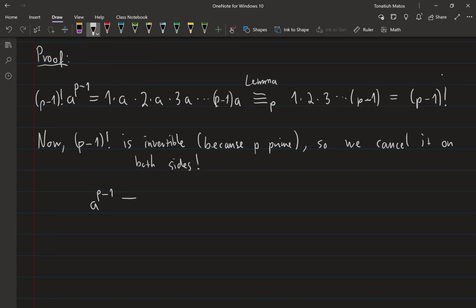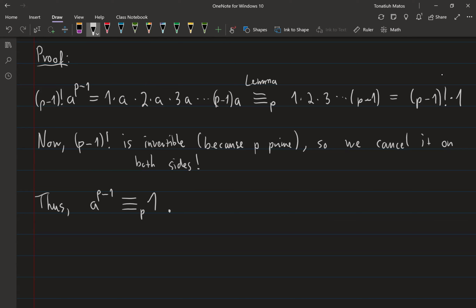And what I have left is a to the p minus 1 on one side, and if you want to add a 1 here, then this is just 1. And that's how you prove Fermat's theorem. As you see, the key insight is the fact that rows don't repeat themselves. Every row has every number shuffled.